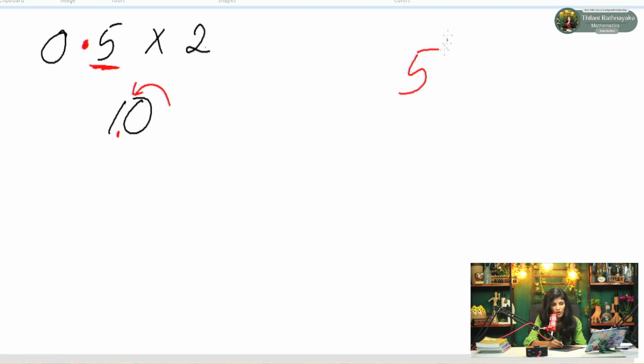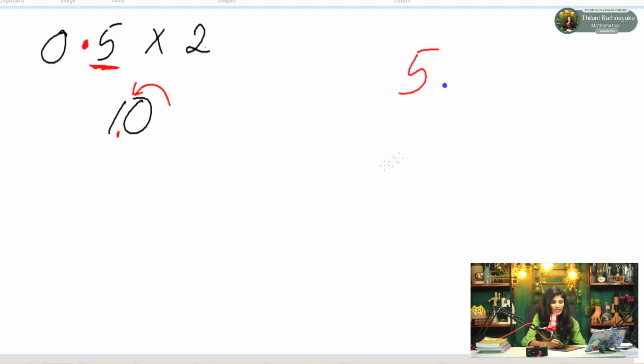Guys, for a whole number, there is no decimal place shown. For each and every number there is a decimal place, but for whole numbers we don't show that. It is in the last position, after the last number.